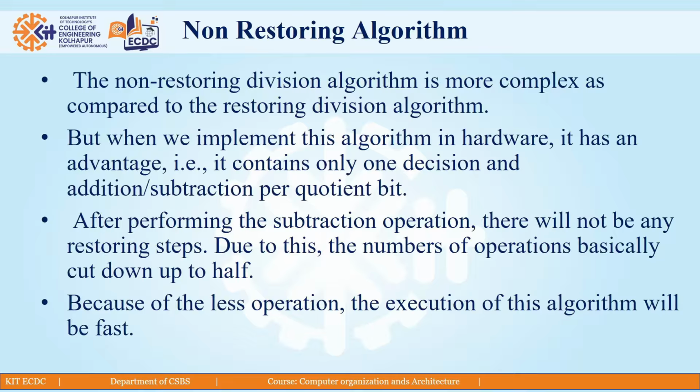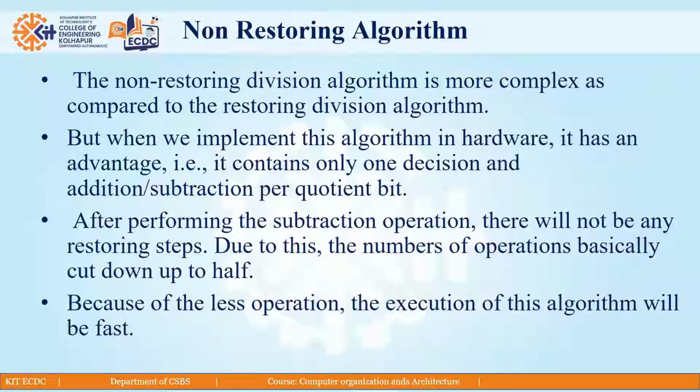The non-restoring algorithm, as compared to the restoring algorithm, is more complex, but when we implement it in hardware, it has the advantage that it contains only one decision, that is addition or subtraction, per quotient bit. In the restoring algorithm, after performing the subtraction operation, we have to check for a restoring step after each subtraction.